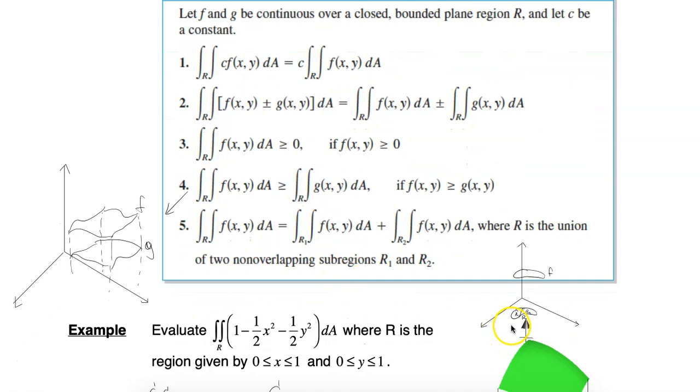So a sketch is shown here. Region R is this whole shape here, and then we can cut it through in the middle, and then we have R1 on the left, R2 on the right, so you can integrate separately on these two regions, and you'll get the same value as the integral on the entire region.